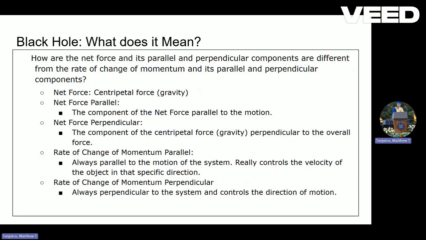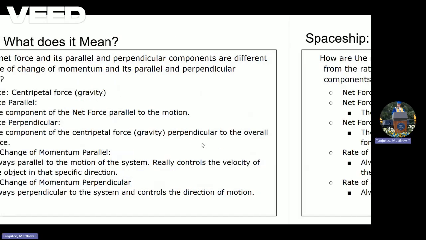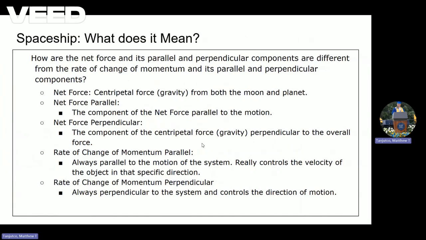This is different from the change of momentum, which just describes the motion, being the speed of the object, if it's slowing down, and even if it's going in the opposite direction, while the rate of change of momentum describes the change in direction of the motion, being if it's turning left or right. This is the same for the spaceship experiment.